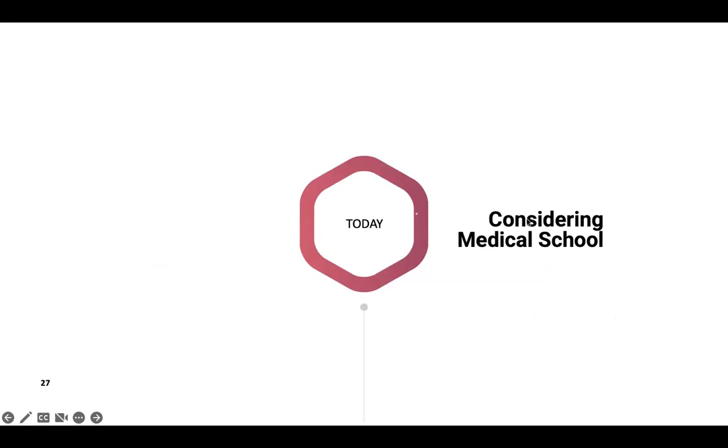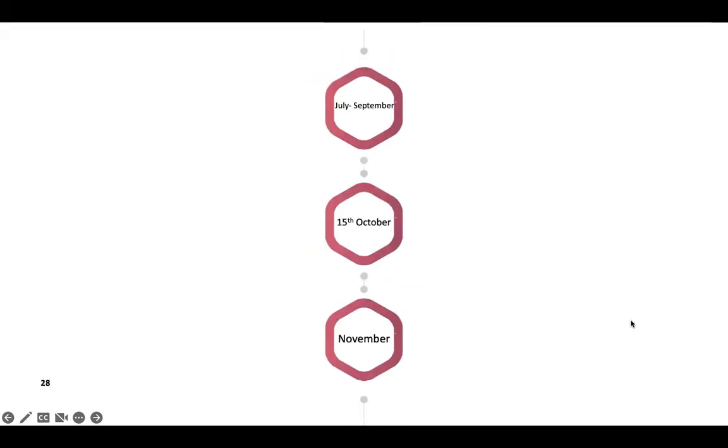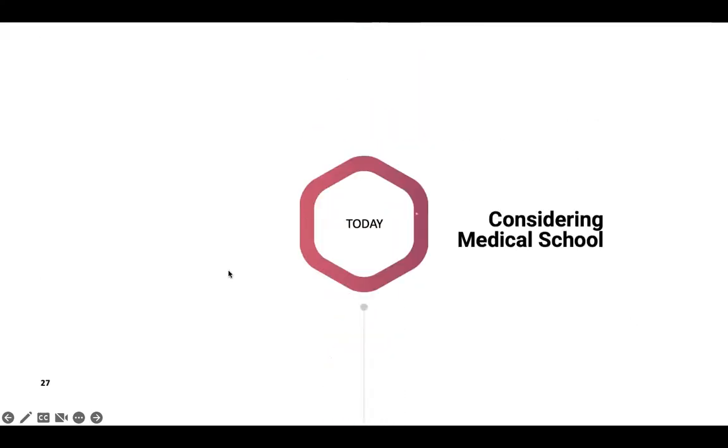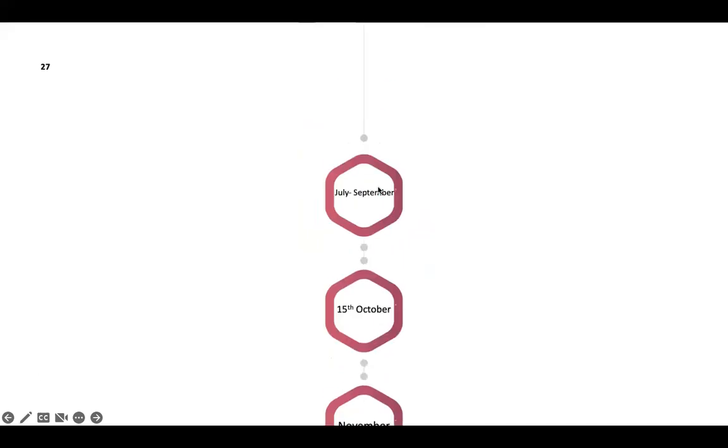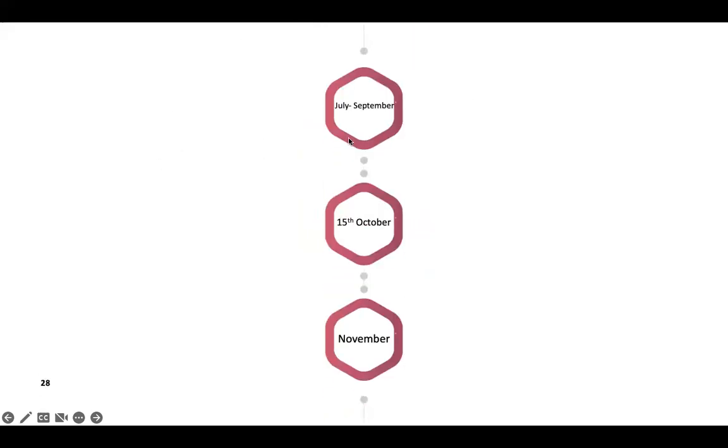Okay, so today you guys have attended the session because you are considering applying to medical school. Hopefully this presentation so far hasn't put you off applying. The next thing to think about, between July and September, is things like your UCAT and your personal statement, and whether or not you would like to do the BMAT.